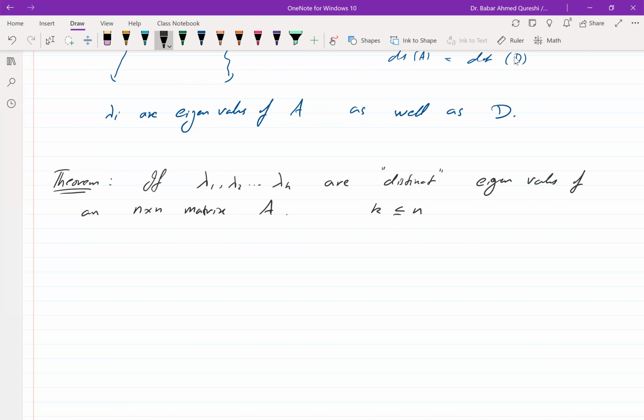I can consider all the eigenvalues or a few of them. And if they are distinct, this is very important. We know that the eigenvalues are not always distinct, but if they happen to be distinct, then the corresponding eigenvectors x1, x2, up to xk are linearly independent.